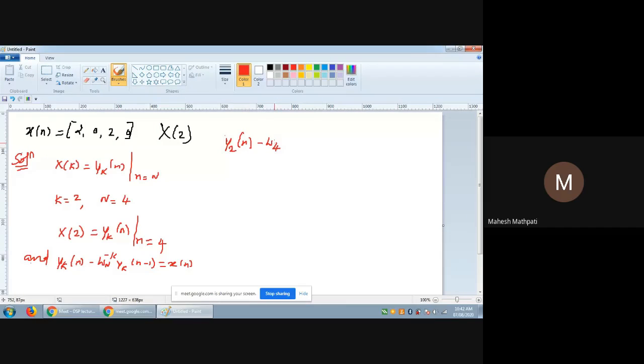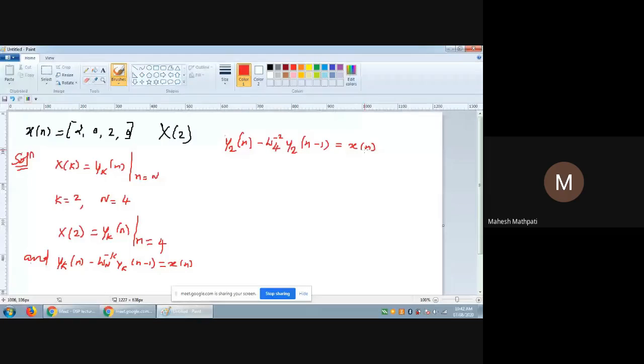What is the k value here? Minus 2. Okay. And y2 of n minus 1 is equal to x of n. Okay. We have calculated this value now.